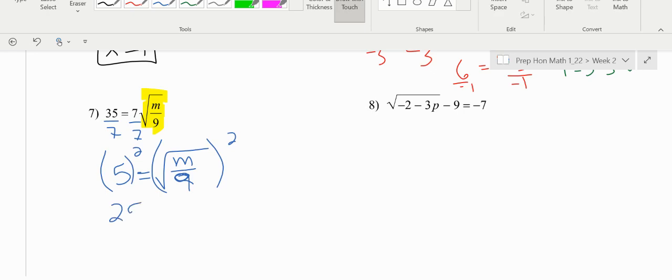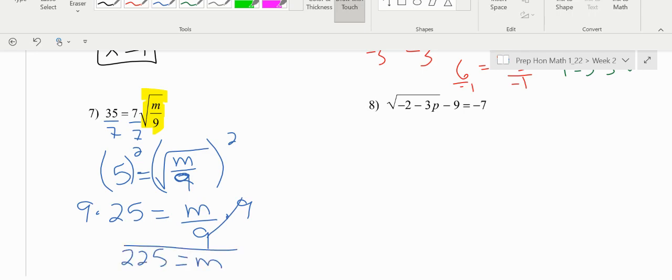So we get 25 equals m over 9. And then we can undo divided by 9 by multiplying. Okay, and if I go ahead and do 25 times 9, I'm going to get 225. And if I was to substitute that back in, I do get an answer that would work.